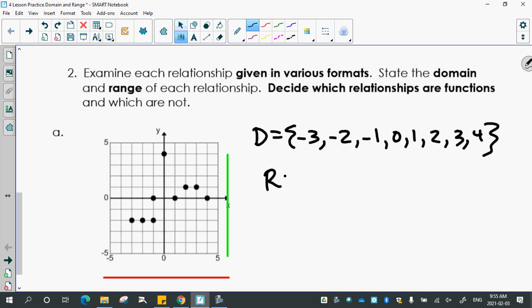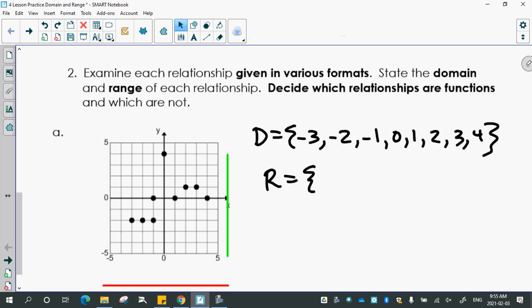My range is all the y values from lowest to highest. So I'm starting way down at negative infinity. Coming up, the first time I hit the graph is at a y value of -2. The next one is at 0. Then at 1. Then at 4.